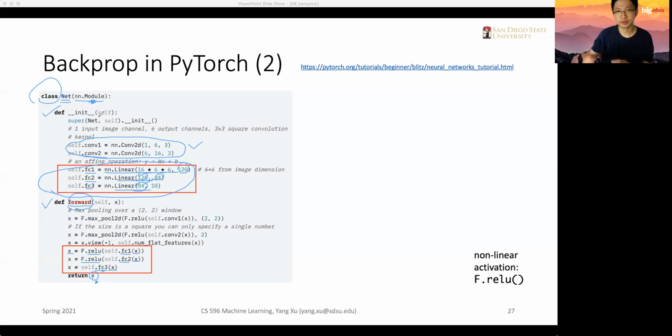In the initialize function, we need to define the architecture of the model, and in the forward function, we define how data flows through the forward pass. And we don't need to define the backward because the autograd computation in PyTorch will handle that for us.